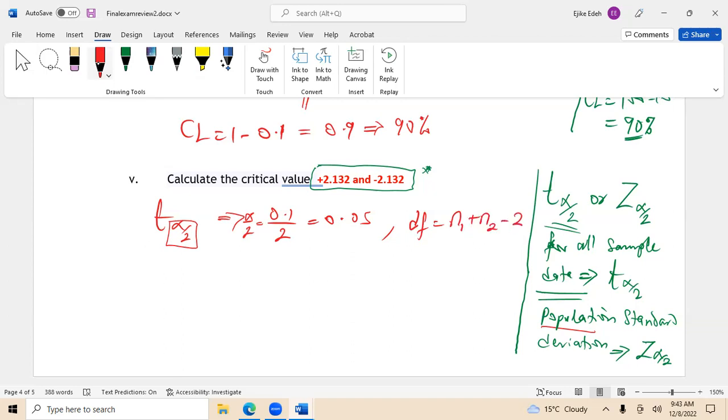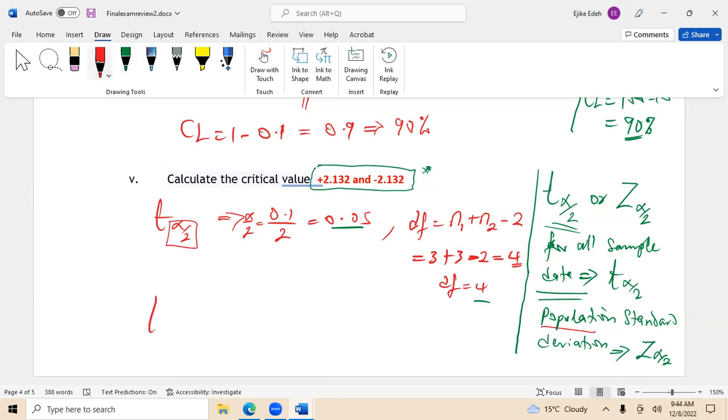Over here, we know that sample 1 has 3 values, sample 2 has 3 values, and we're going to subtract 2 from that, and that will be 6 minus 2, which will give us 4. So our df is 4, right? Once you've gotten these two values, you've got your alpha, you've got your degree of freedom, you can go to the table and pick up your critical value, okay?